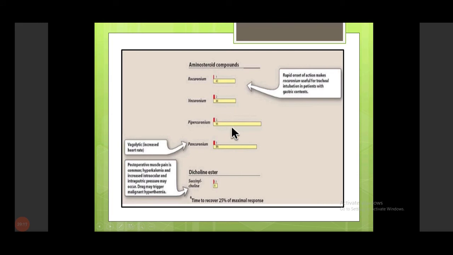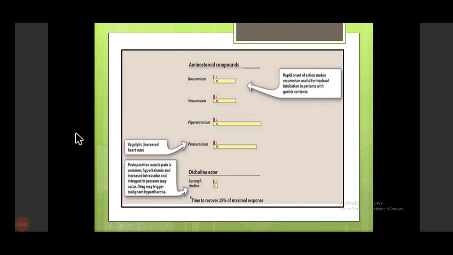Whereas vecuronium and pipecuronium similarly have a fairly quick onset, but pipecuronium in particular, and pancuronium, are longer acting agents, so can be used in cases where a longer duration of skeletal muscle relaxation is desirable.